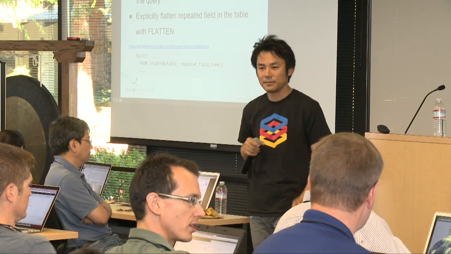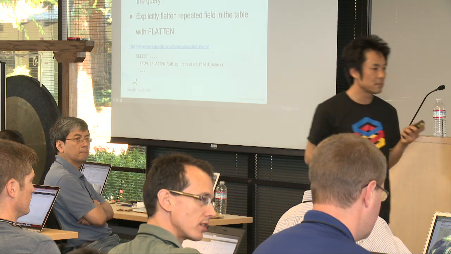Oh, yes. I think you get an unexpected result, or the result is not what you mean, I think. Let me come back to you later. If my entire table had one row, and my child field had two values, if I said select child from table, you get two rows, yes.